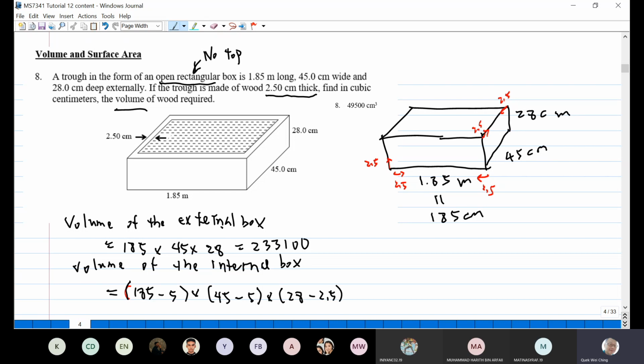But for the top you don't need to subtract because the top has no cover. So now this is 180 times 40 times 28 minus 2.5, which is 25.5. Multiply all this together, 40 times 180 times 25.5 is 183,600.